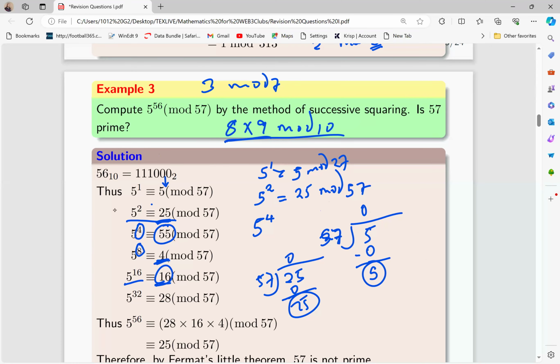Now, you can also make it easier. Find the remainder for 8 only. If 10 were to go into 8, make it a smaller number. The remainder could be 8 or it could be -2. 8 and -2 are the same thing. They're equal mod 10.